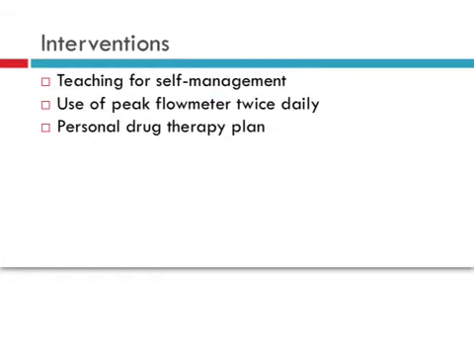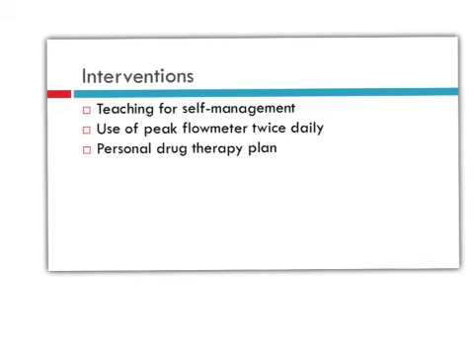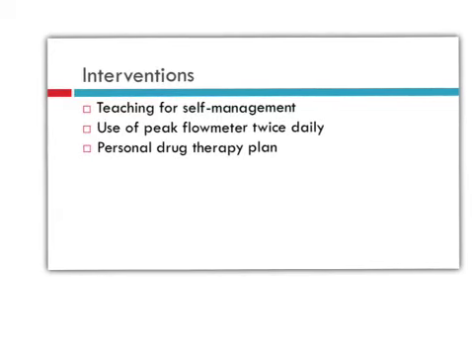As far as intervention, teaching for self-management. Patients with asthma really require some extensive education about how to do maintenance and also what to do in cases of emergency. They would teach them how to use the peak flow meter twice daily, the fastest airflow rate reached at any time during exhalation.